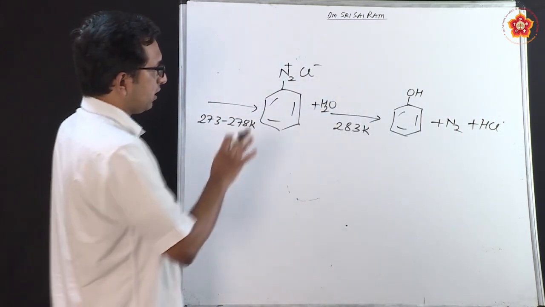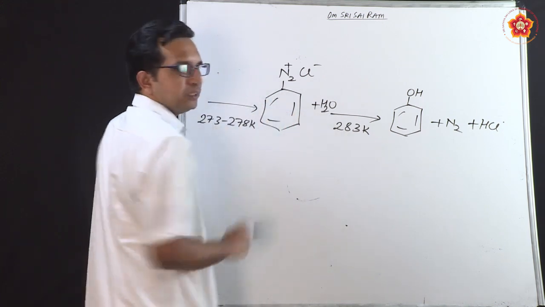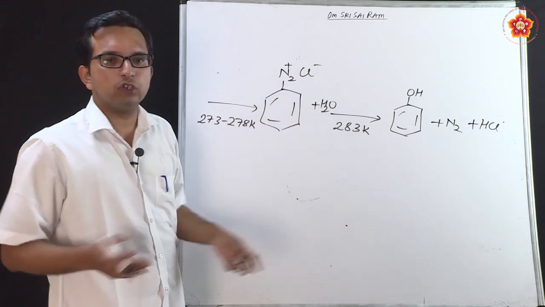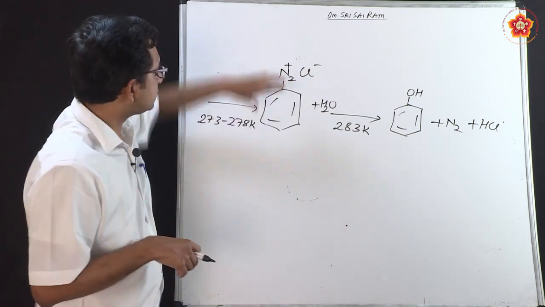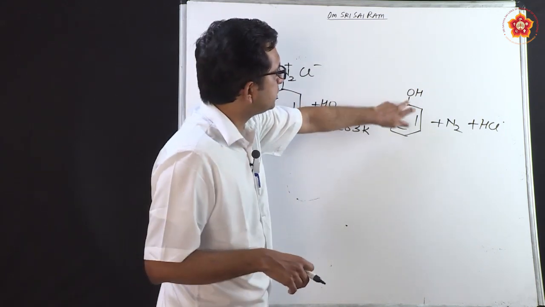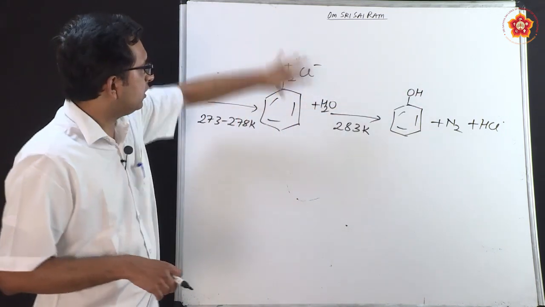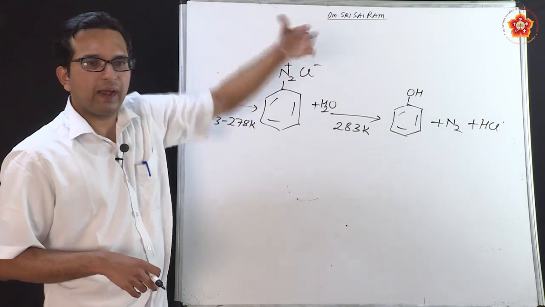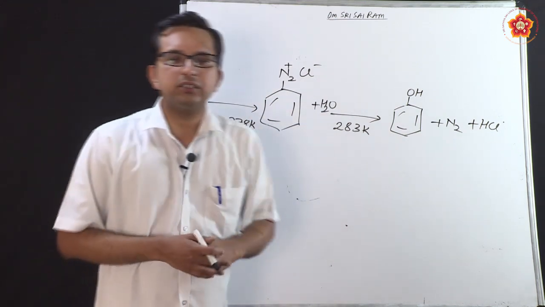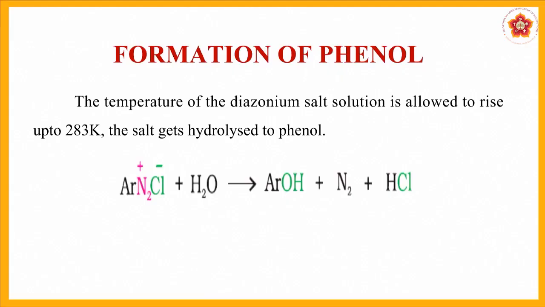Please remember that attack of OH minus is difficult on the benzene ring, because the benzene ring is electron rich, and OH minus is also a nucleophile, but the presence of benzene diazonium chloride will make it a substitution reaction where this entire part is removed and then OH minus has been substituted. So, this is one of the methods that we can employ to prepare phenols from benzene diazonium chlorides.